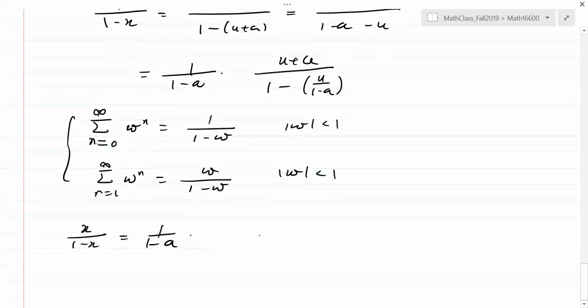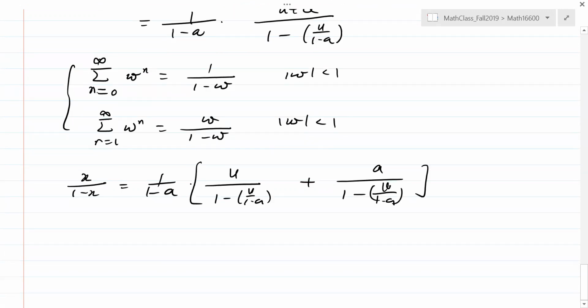So I continue to express that function. Let's continue. I need to divide this by 1 minus A, and multiply the 1 minus A here. And this is a constant here.